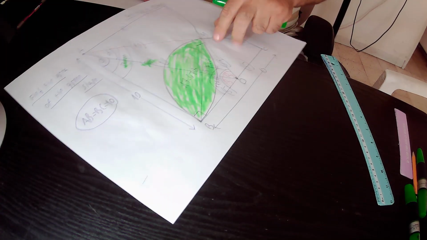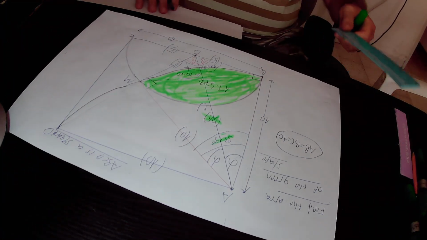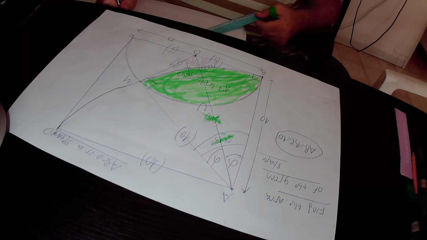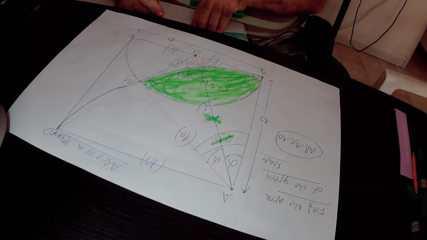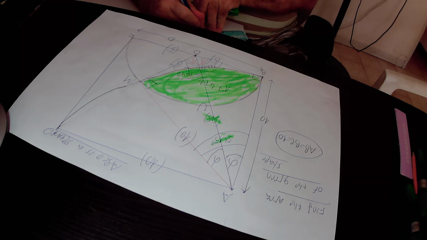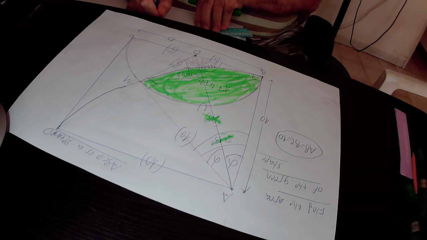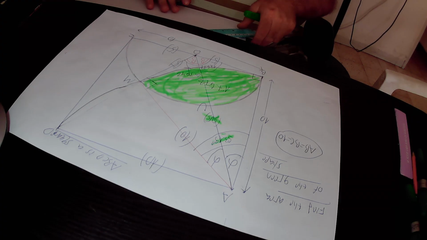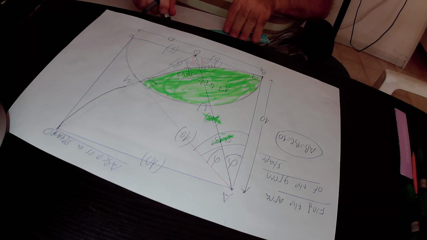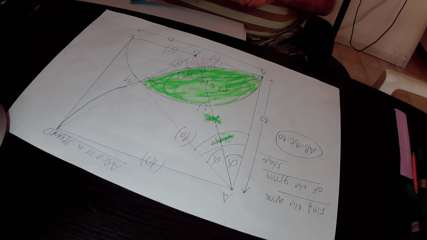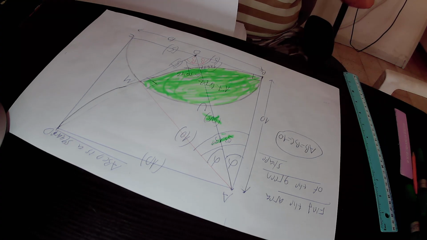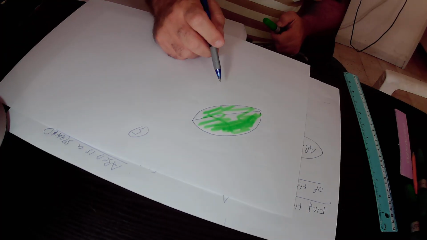So I did not found out that the area of the green shape in total. This is the green shape that according from the original domain.